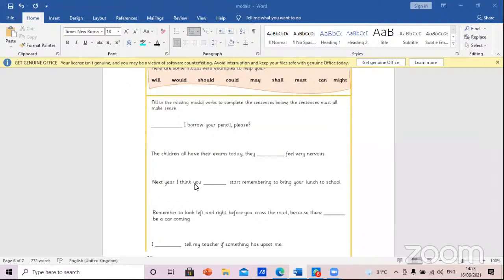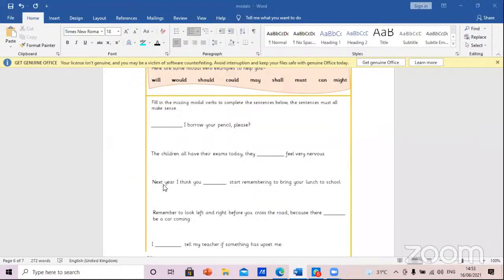Next year, I think you start remembering to bring your lunch to school. What is that? Yes, because next year tells us that it is something in the future. So you can use will. Next year, I think you will start remembering to bring your lunch, because this belongs to the future because of this word.